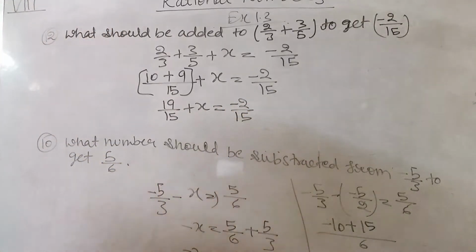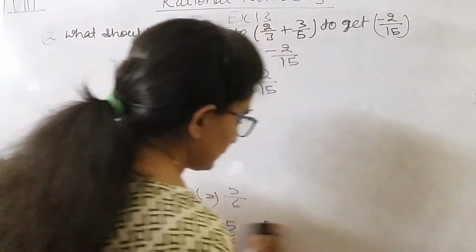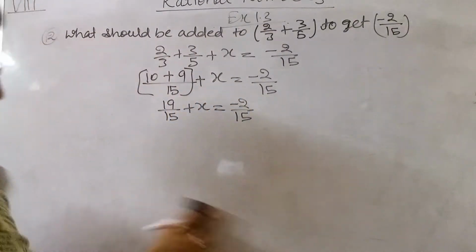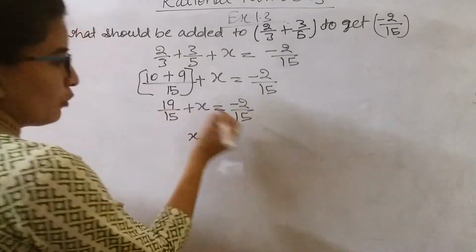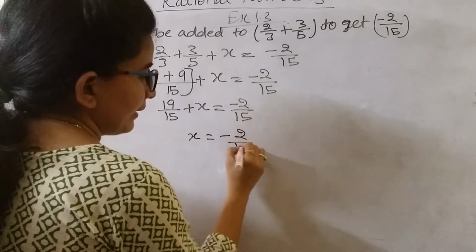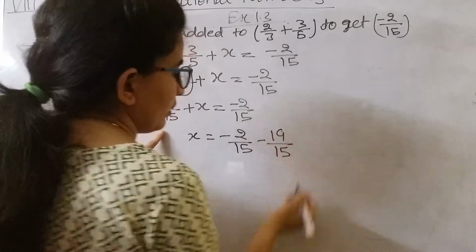Now we will carry this 19 upon 15 on the right hand side. The number will be minus 19 upon 15.